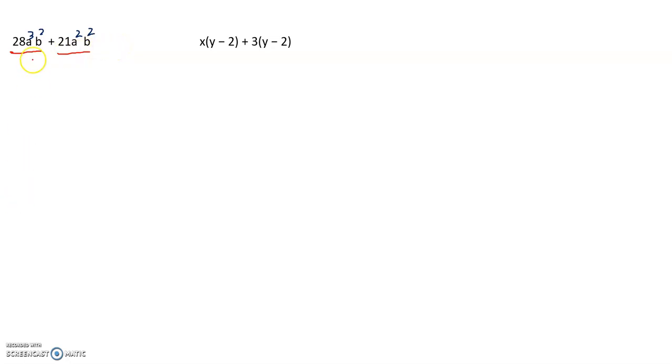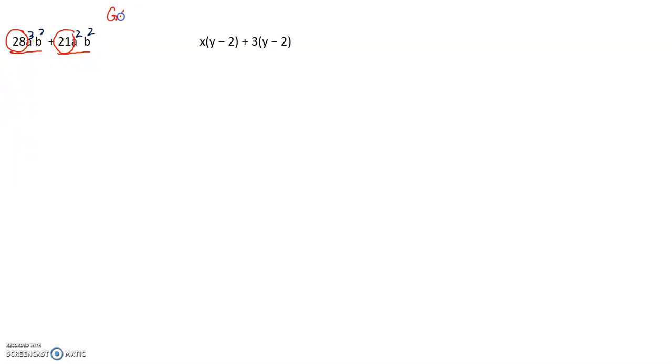So when I look at them, first we look at the numbers 28 and 21. This is something we discussed before during the first week of the class: how to find the GCF, greatest common factor, of two or three numbers. If you are able to see that, you can just go ahead and write it down.